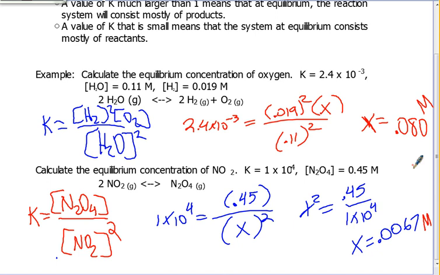Now, I do want to make one weird unit statement. For the very first time in the entire history of this class, you're not going to write units down on K. K has no units. K is weird, because in the first problem, it would be molarity squared times molarity divided by molarity squared.